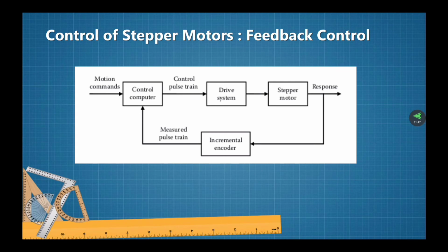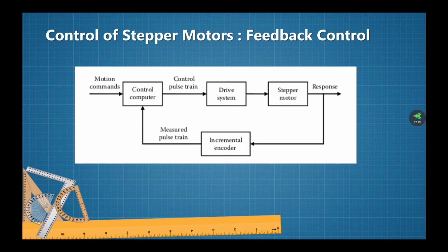It may be used to compensate for motion error in a stepper motor. This is a block diagram for a typical closed-loop control system. This should be compared with the figure for open-loop control of the stepper motor.